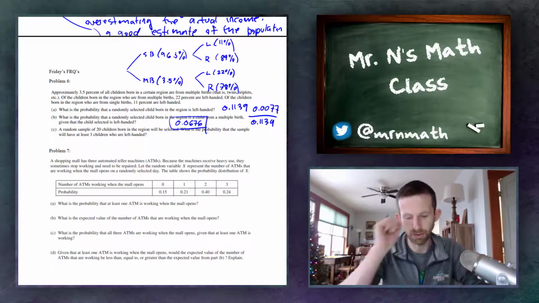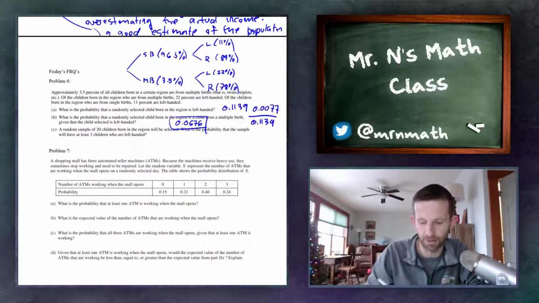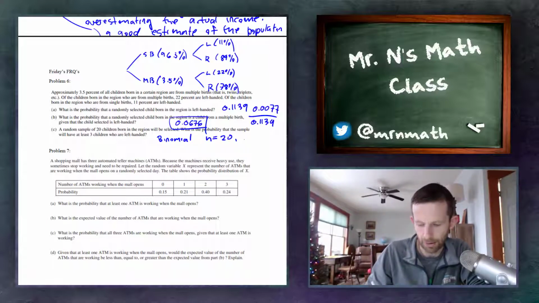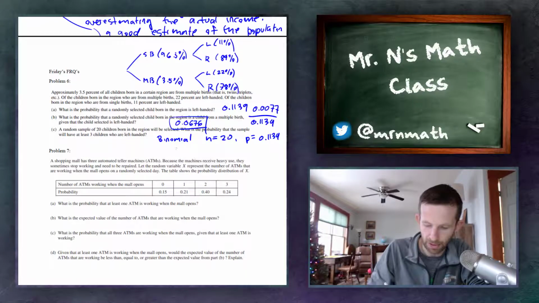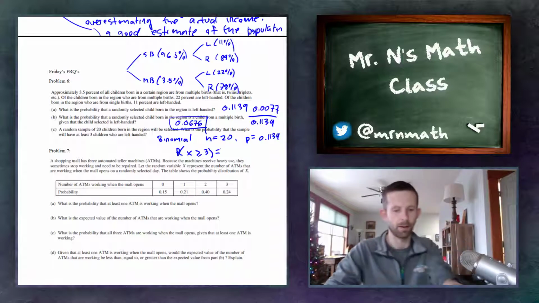A random sample of 20 children born in the region are selected. What's the probability that in the sample at least 3 children are left-handed? So this is binomial, with my n being 20 and my probability being 0.1139, and I'm going to find the probability that x is at least 3.